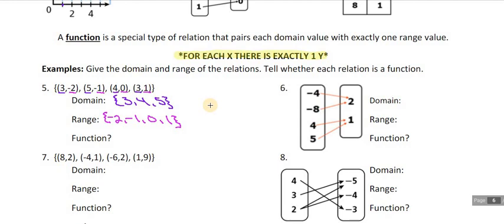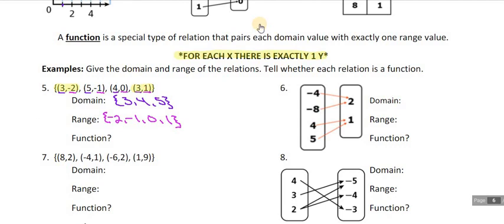Now the question is, is this a function? Thinking about for every x there is exactly one y, we're going to watch out for repeated x's. If there's any x value that is repeated, that would imply that it's going to more than one y, and therefore not a function. If we take a look at this, 3, -2, and 3, 1, that x value of 3 has more than one y value.